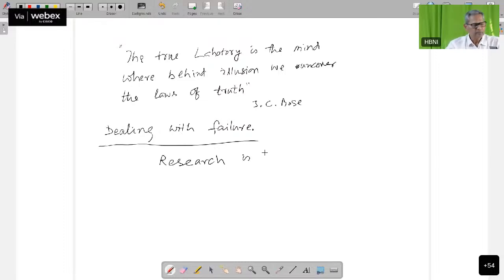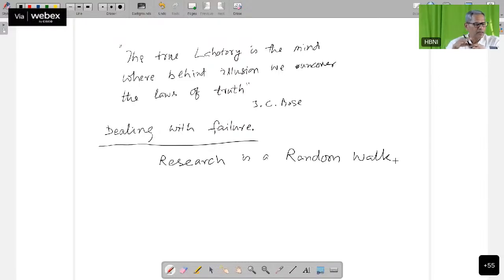Sometimes you go forward, then you realize, oh, it is a mistake, what I did. Then again, you come back. There can be experimental failure, or even you do everything and you write a paper, then when you submit for publication, your paper may get rejected. It is very common to face publication failure also.